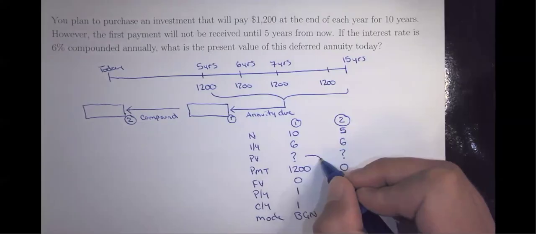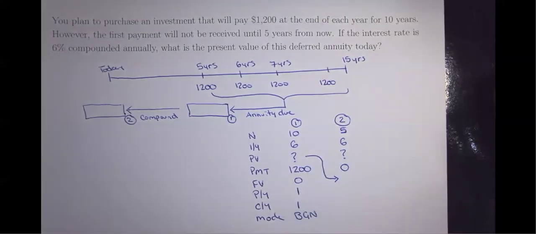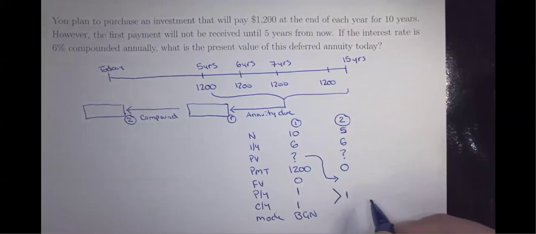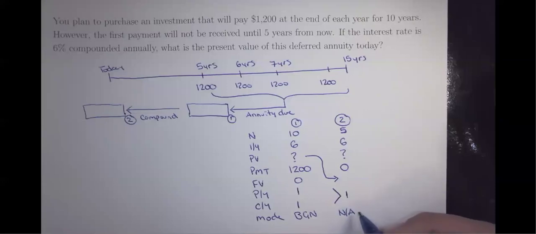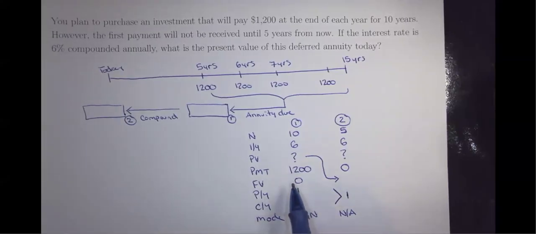So it's actually this amount that I'm going to have is my present value. In a compound interest problem, my payments per year have to be the same as my compounds per year. I'm compounding 1 time a year, and the mode doesn't matter. So that's my plan. I'm going to find my present value here, and then that's going to give me my present value here.